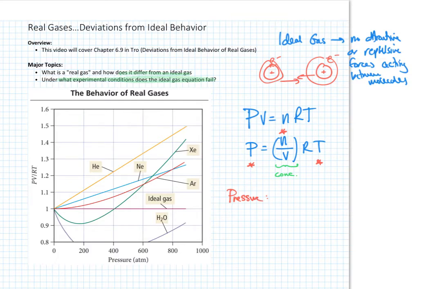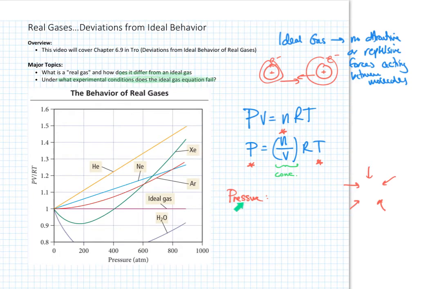If we were at a very high pressure, that means the molecules are all getting squeezed in together. And if the molecules are squeezed in together, they are going to begin feeling the protons and electrons of each other.